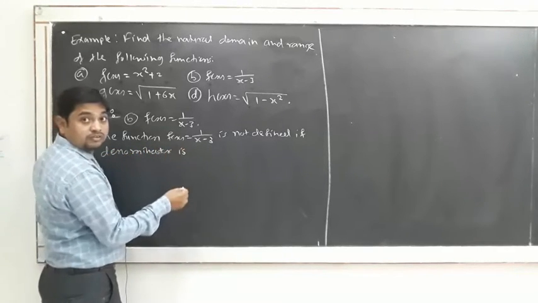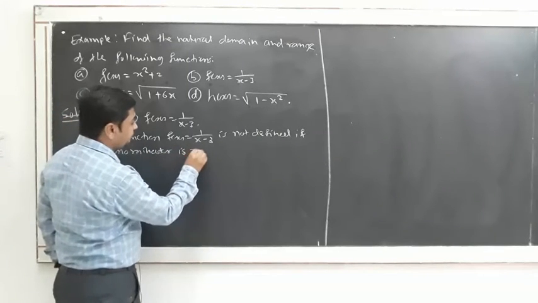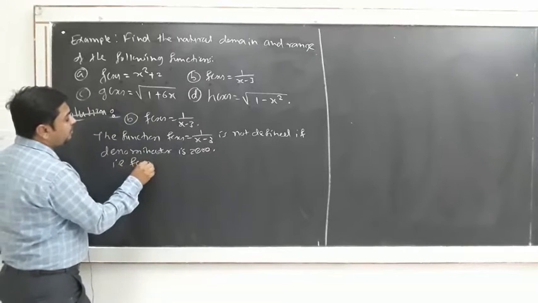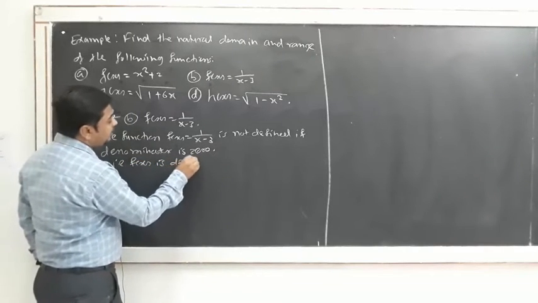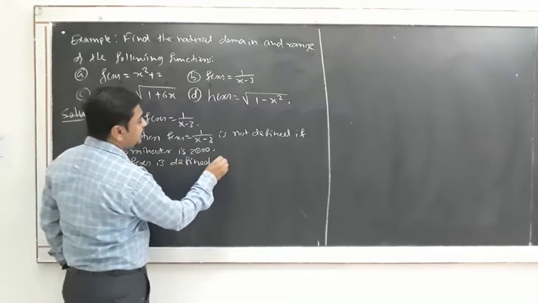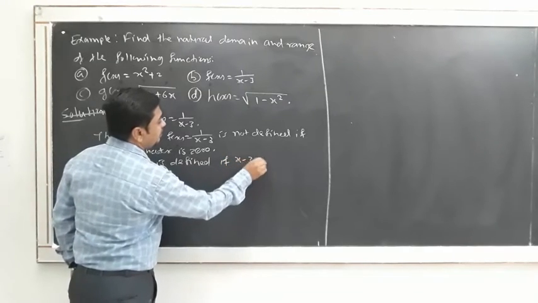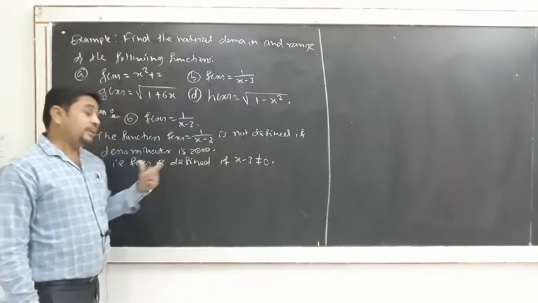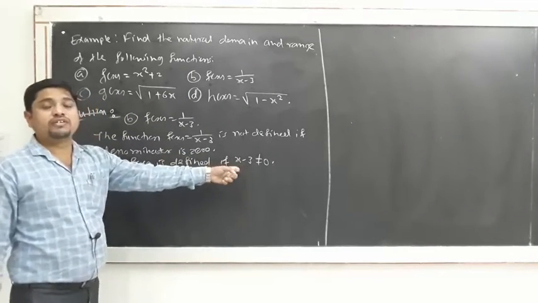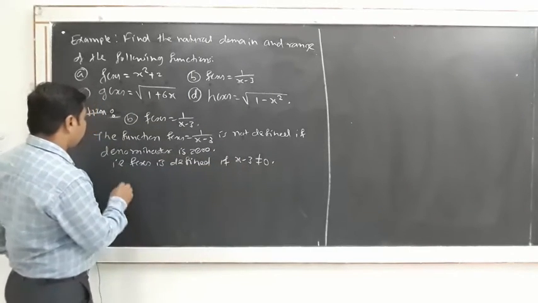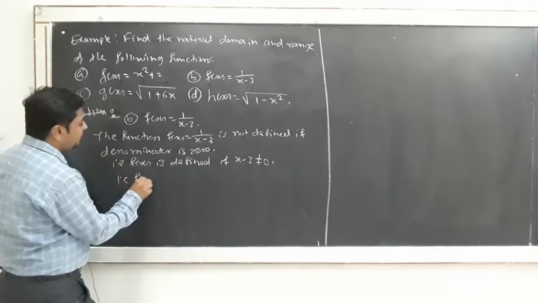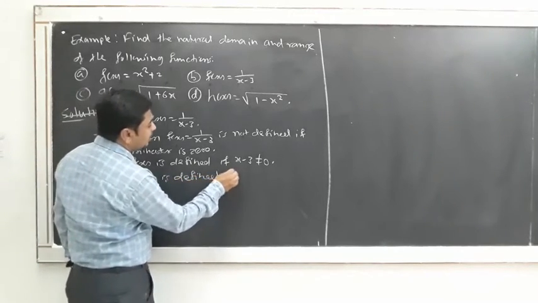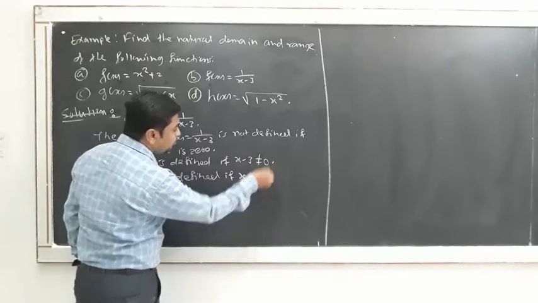That is, f of x is defined if x minus 3 is not equal to 0. It is not defined if the denominator is 0. That means it is defined if x minus 3 is not equal to 0. That is, f of x is defined if x is not equal to 3.